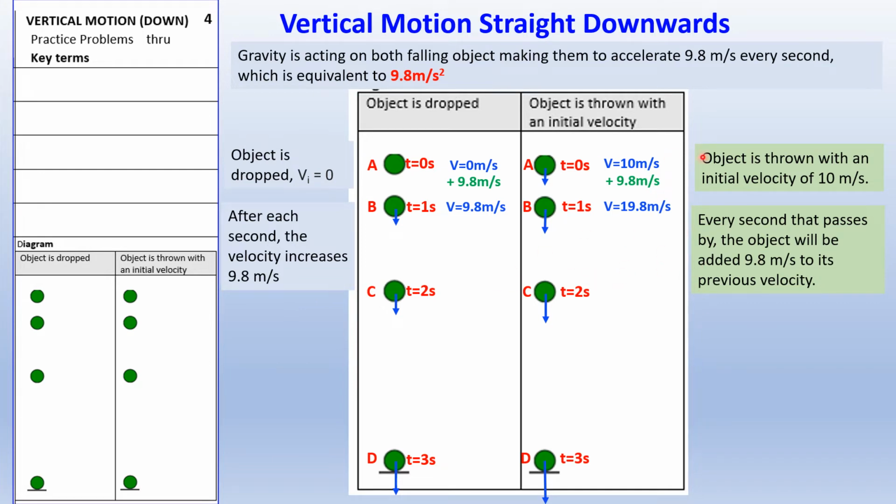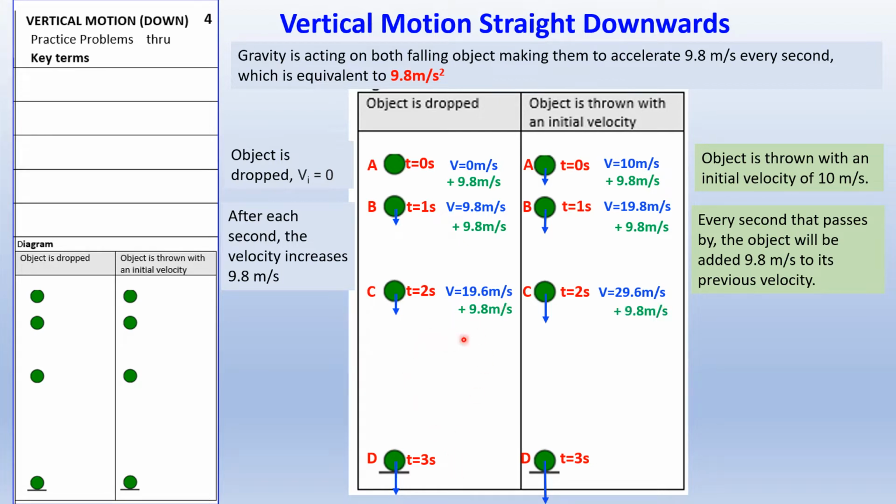Again, on the right side, I have to add the 9.8 meters per second to its previous velocity, which is now 29.6 meters per second. And when the object is dropped from the same position, I have 19.6 meters per second.